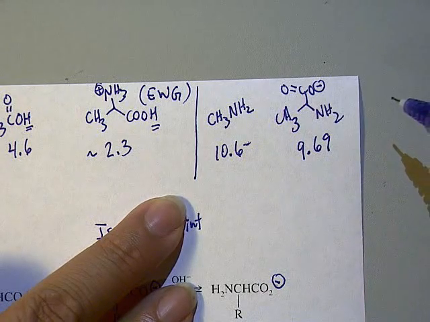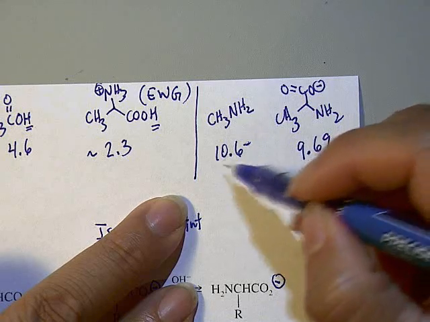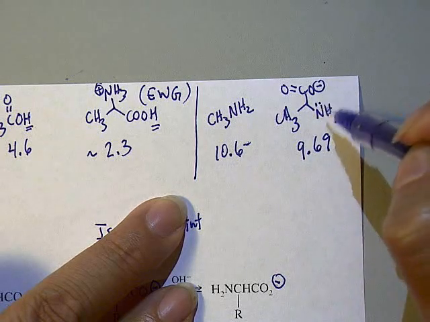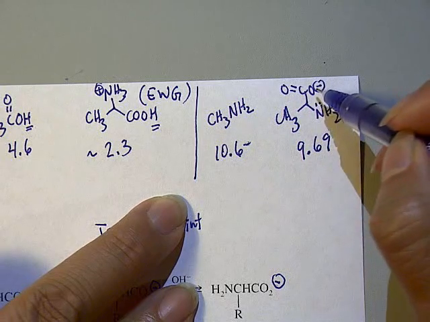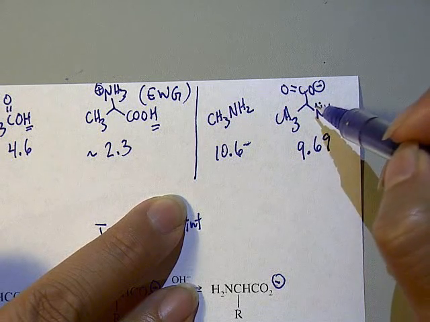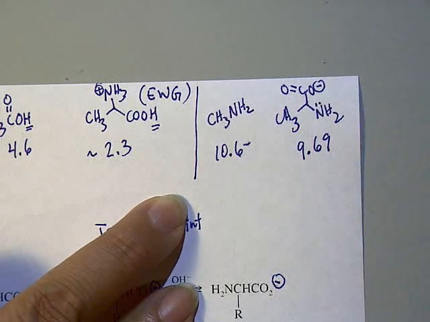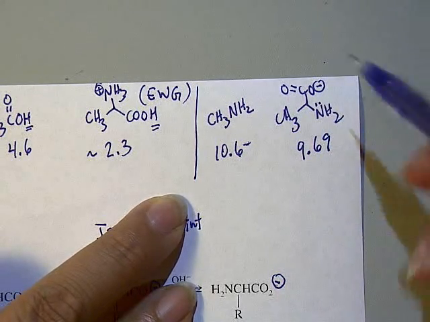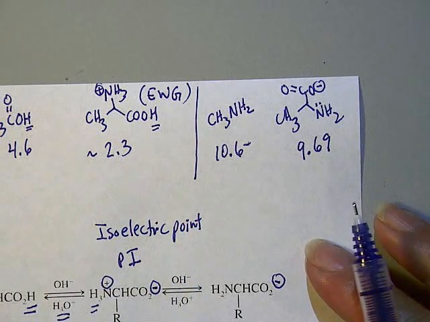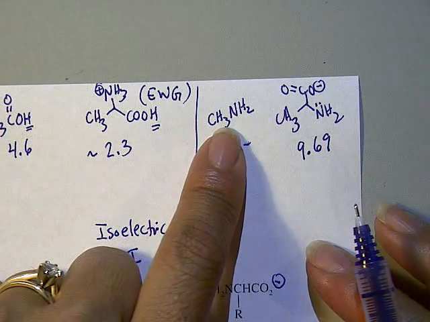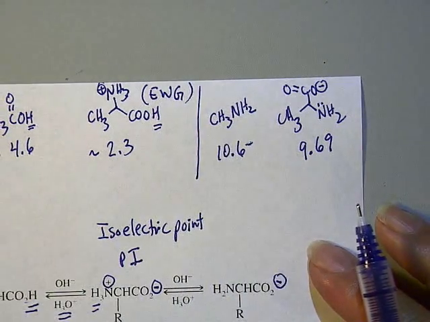So what is that telling us? That the regular amine is more basic, with the higher pKa, than the amine that's in the amino acid. Once again, this carboxylate ion is acting like an electron withdrawing group, pulling the electron density inductively towards it. So that's why this lone pair is not as basic as the one that does not have a carboxylate next to it. All right, so keep that in mind.